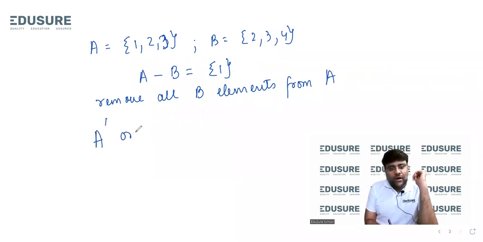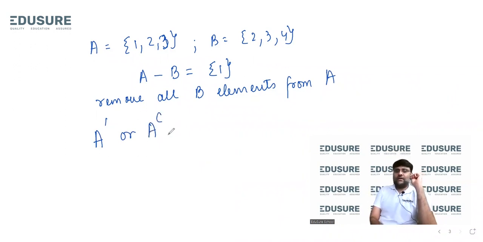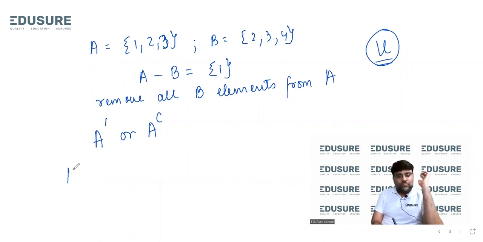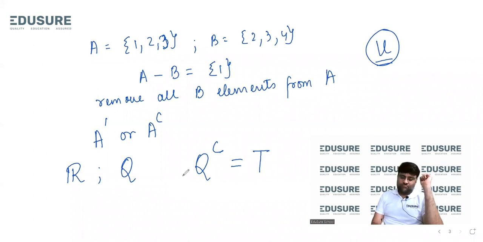A complement is the set of everything except A. In order to understand this, it's important for us to understand something called a universal set. The set of all real numbers is a set, the set of all rational numbers is a set. Q complement is equal to the set of all irrational numbers.